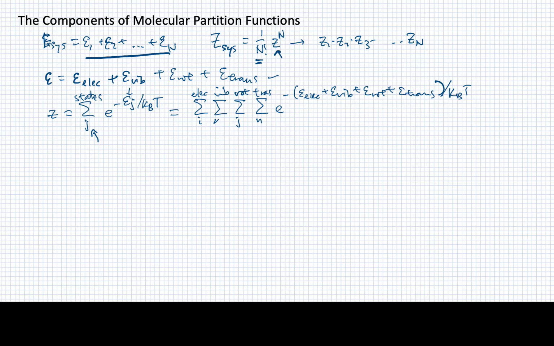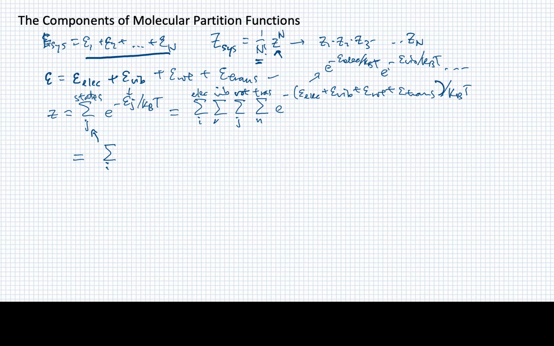Now we know that we can take this exponential and write it out as the product of individual exponentials. For example, e to the minus electronic energy over kBT times another exponential, e to the minus vibrational energy over kBT, and so forth. I'm not going to write it all out. So that means that I can now write this molecular partition function in the following way.